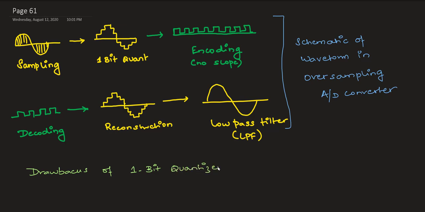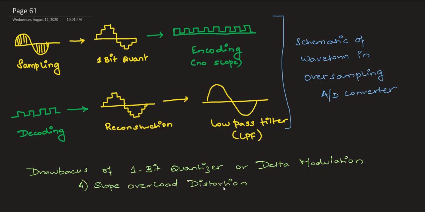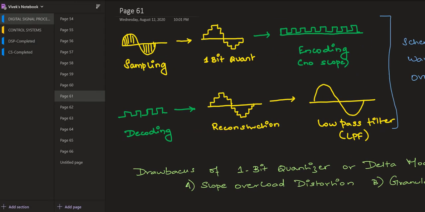When you smoothen a staircase waveform, you get a sinusoidal signal, which is shown here. And how do you generate a staircase waveform from your sinusoidal signal? You just do a 1-bit quantization, a delta quantization, and you get your staircase waveform. So very, very important: sinusoids to staircase using delta, and staircase to sinusoids using a low pass filter.